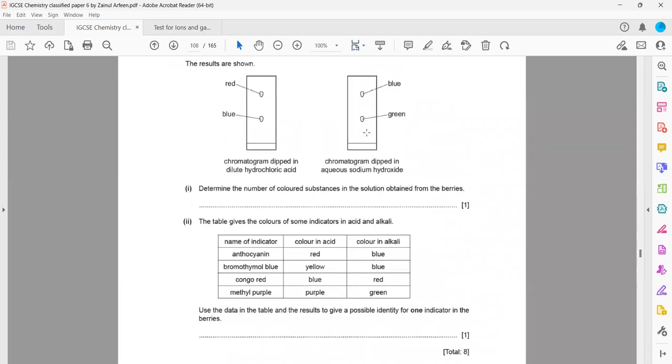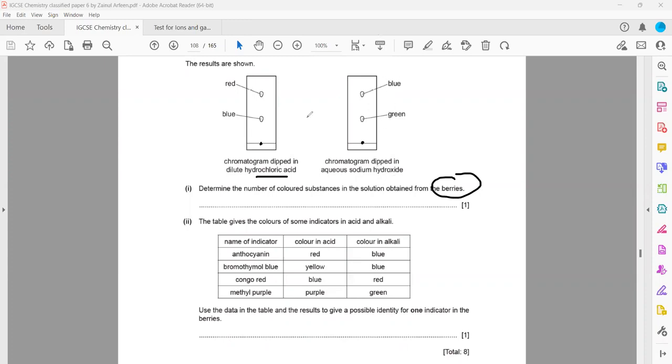Sir, the question didn't specify whether the paper was dipped in dilute hydrochloric acid or sodium hydroxide. Yeah, it's the same paper that determines the number of colored substances in the solution obtained from berries. This is the chromatogram dipped in hydrochloric acid, and this is a chromatogram of the berries dipped in sodium hydroxide.